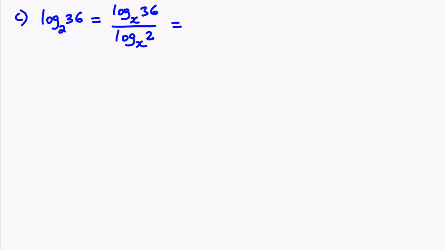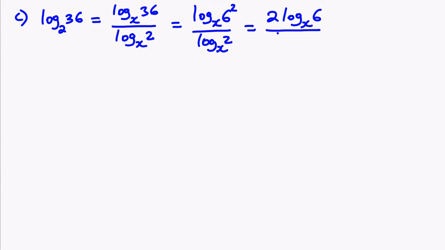C, we have log to base 2 of 36. So this will be equal to log to base a of 36 over log to base a of 2. Now 36 is 6 squared, so log to base a of 6 squared over log to base a of 2, which will be 2 log to base a of 6 over log to base a of 2.